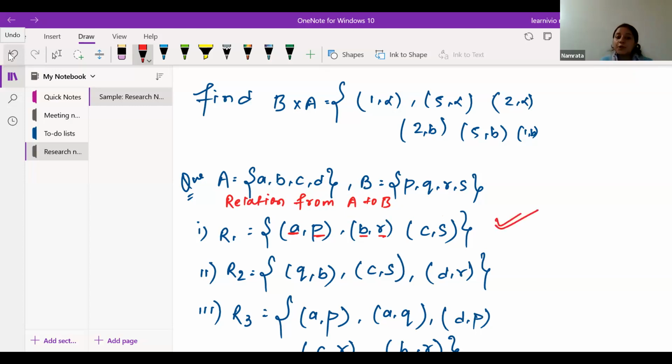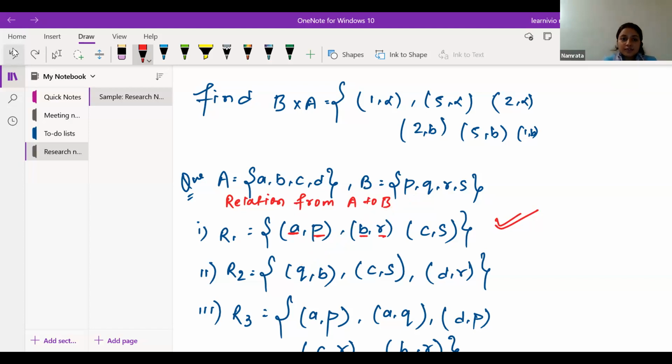Let's see R2. Here we are having one of the element of set B and one of the element of set A. So okay, this relation is going like B, the subset of the Cartesian product B cross A. From there we have taken the subset for this relation. That is okay. Let's see the other element.